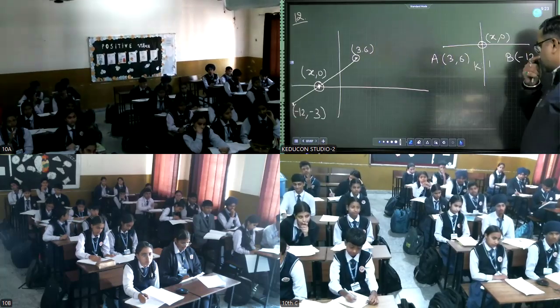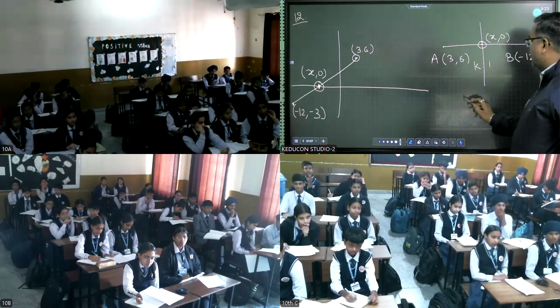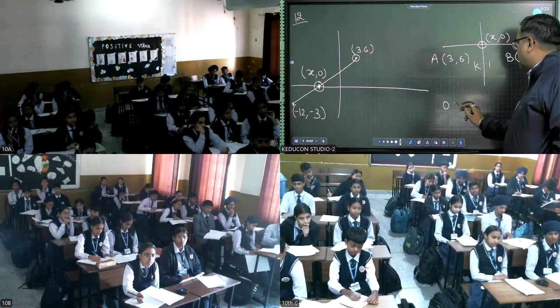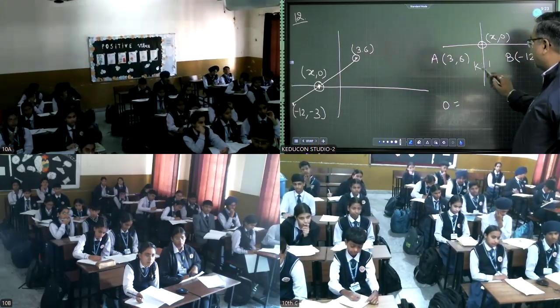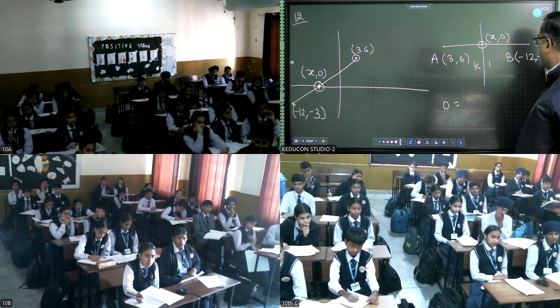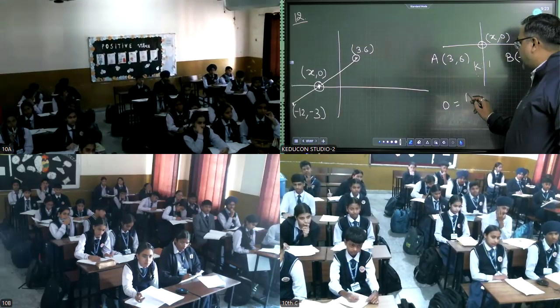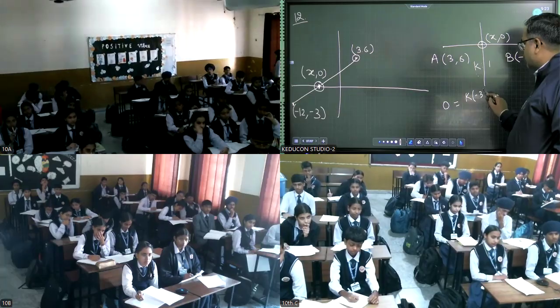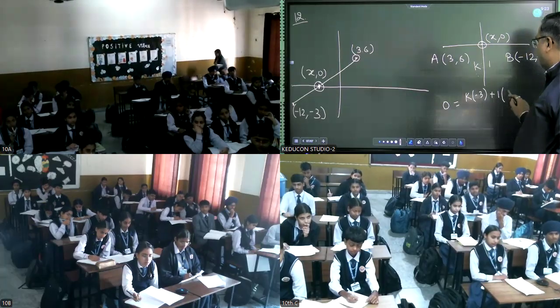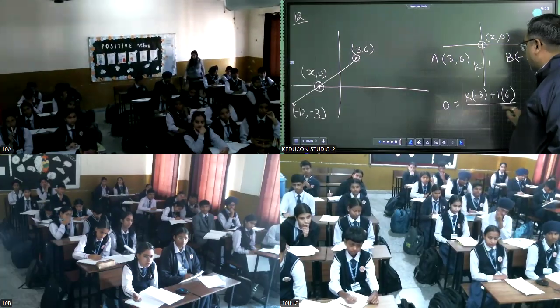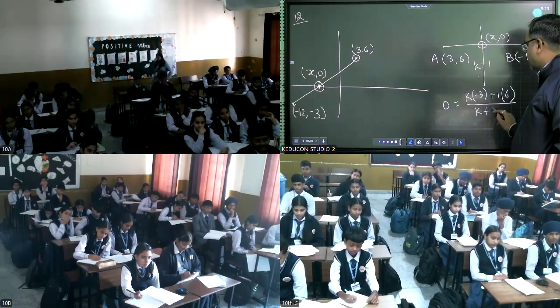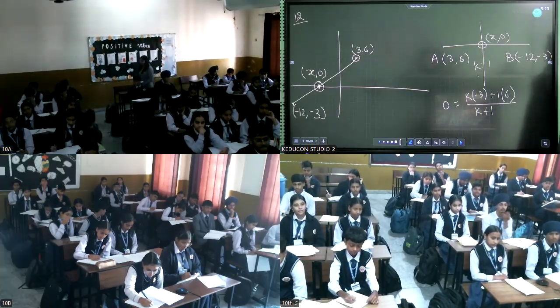The y coordinate is 0. So what will be the y coordinate? 0 equal to m into y2 plus n into y1 divided by m plus n. Now solve this and find the value of k.